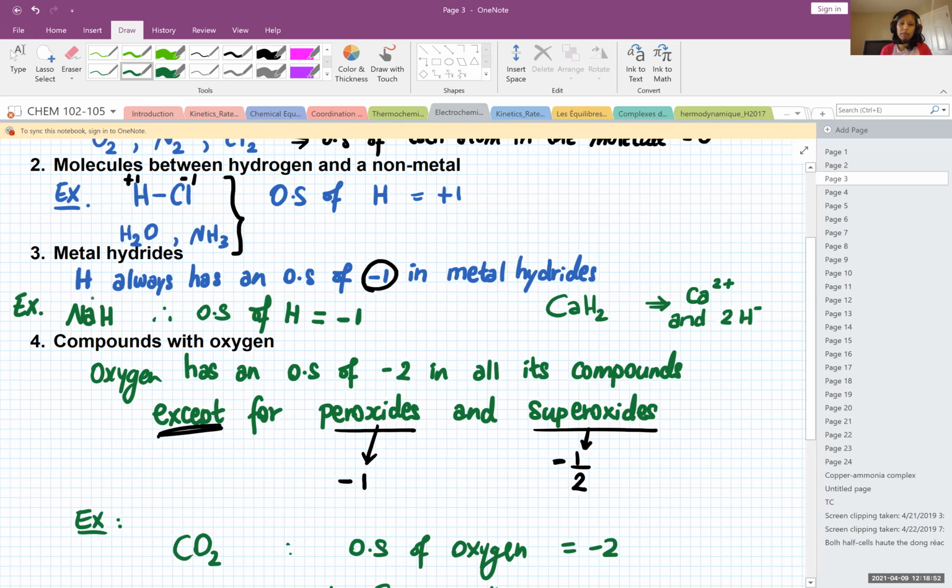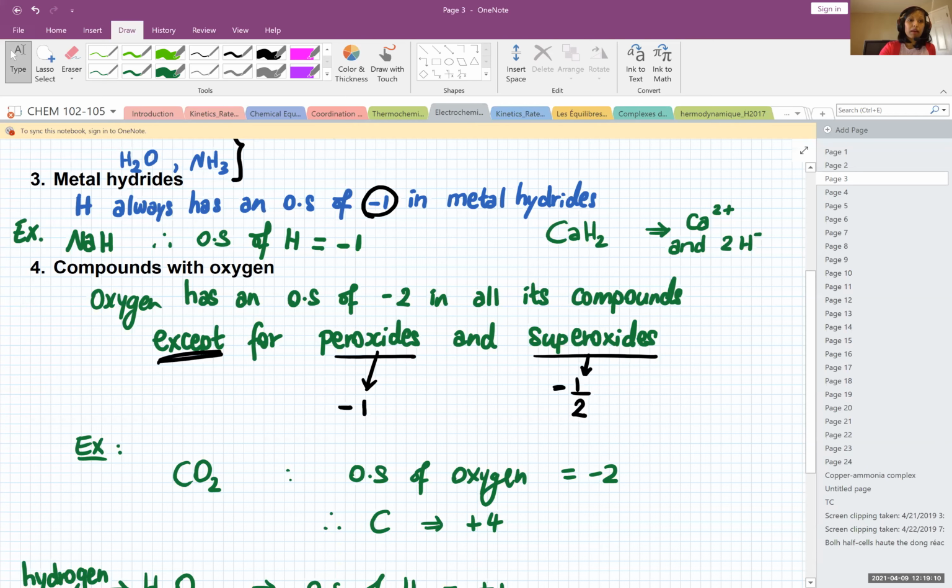Sodium is a group 1 element, so it is +1. Hydrogen is -1. Overall, we have 0 charge. In another hydride, a hydride of calcium, we've got calcium 2+ and 2 H-. Each hydrogen again has an oxidation state of -1.